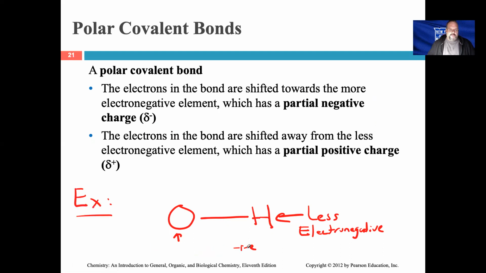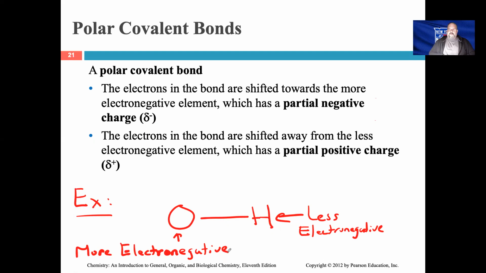Let's see if we can write this again. Okay, so oxygen would be the more electronegative element, and hydrogen would be the less electronegative element. And the difference, I think, is oxygen 3.5, hydrogen 2.1.